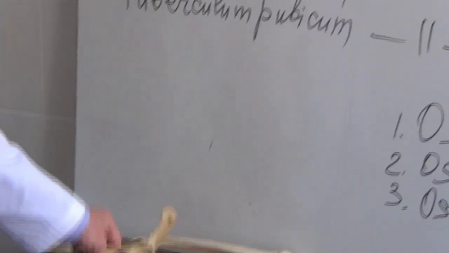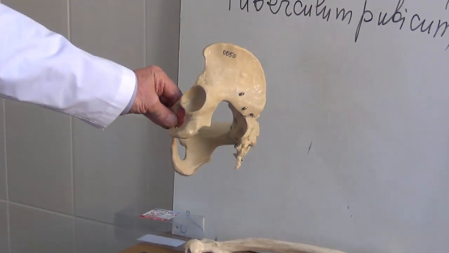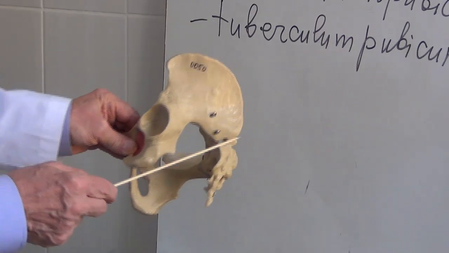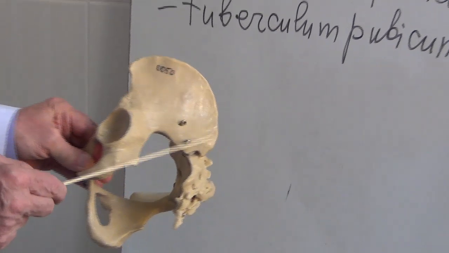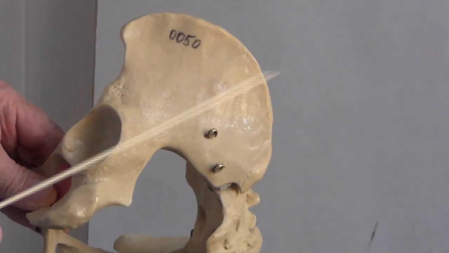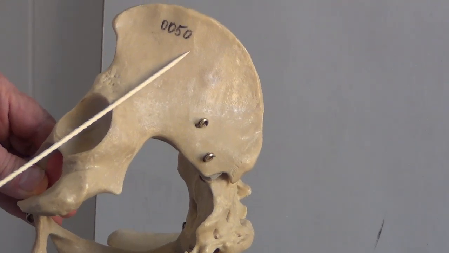Then let us turn our specimen and remember what kind of muscles we can find here.